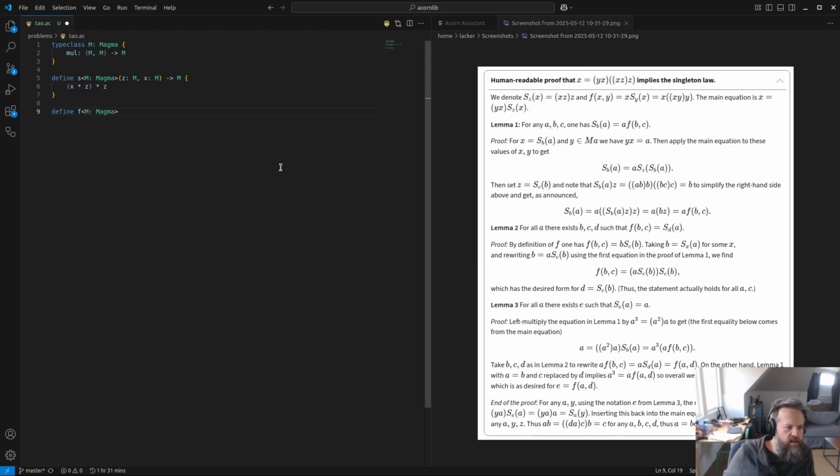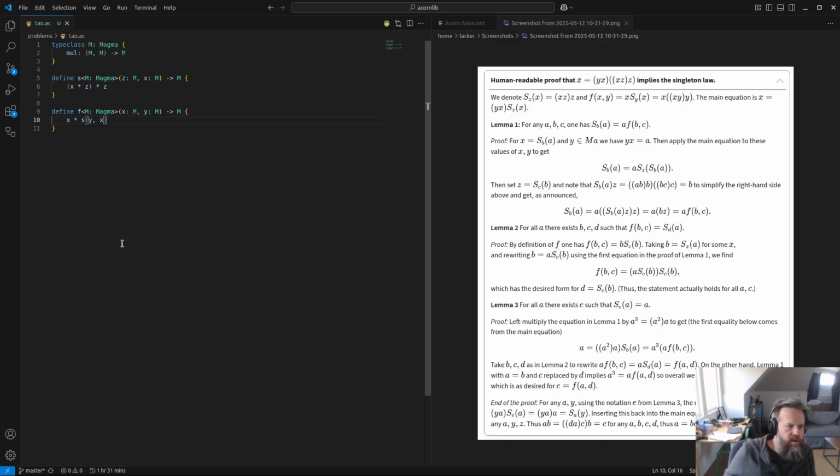All right, so f we define on some x, y, and f is x times s. All right, cool. And so we have the main equation, which is x equals all this stuff.